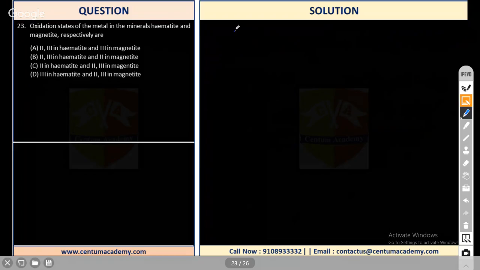Hematite is Fe2O3 and magnetite is Fe3O4, right? So in Fe2O3, we know Fe is in +3 oxidation state, right?